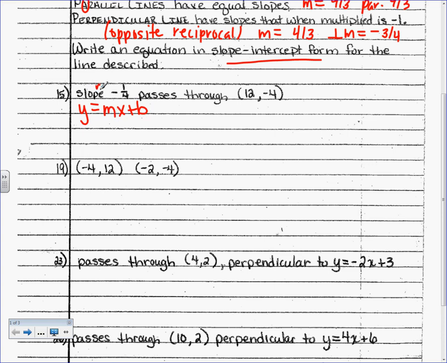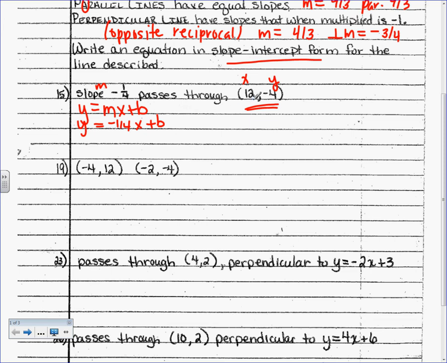So I know m. I'm going to go ahead and put in negative 1/4. I don't have b. They didn't give me that. So let's fill everything in really quickly. I need b. What did they give me though? If it passes through the point (12, negative 4), what is 12 and what is negative 4? It's x and y, isn't it?